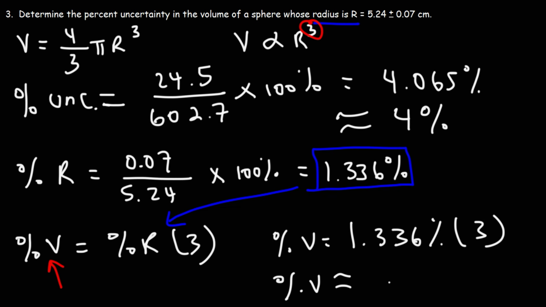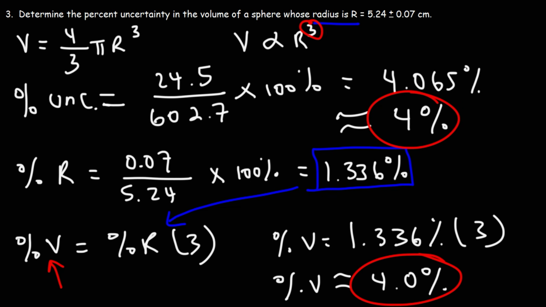I got 4.008, which is roughly 4% if you round it. So even though you won't get exactly the same values, they will approximately be the same if you use the shortcut method.